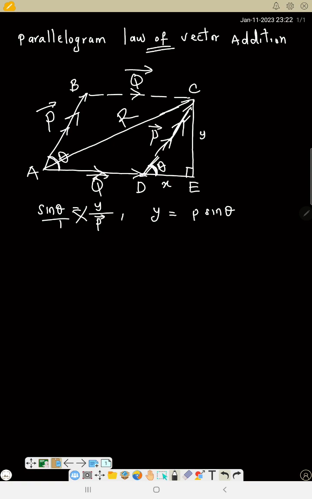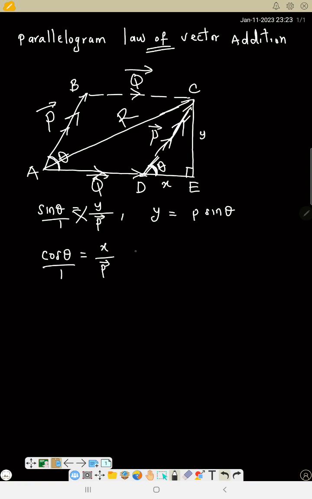So if y is p sine theta, then we can have cos theta, which is adjacent over hypotenuse. The adjacent is x. So that will be x over hypotenuse, which is still p.